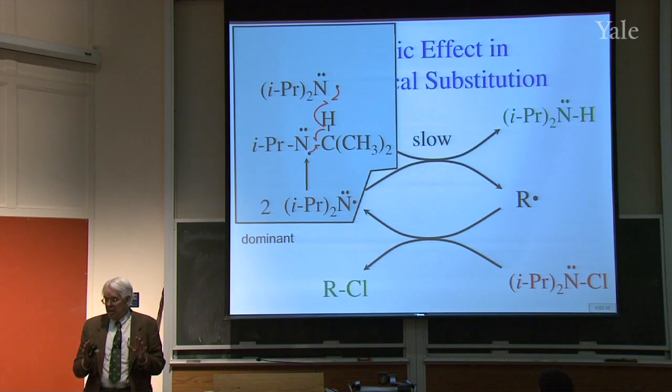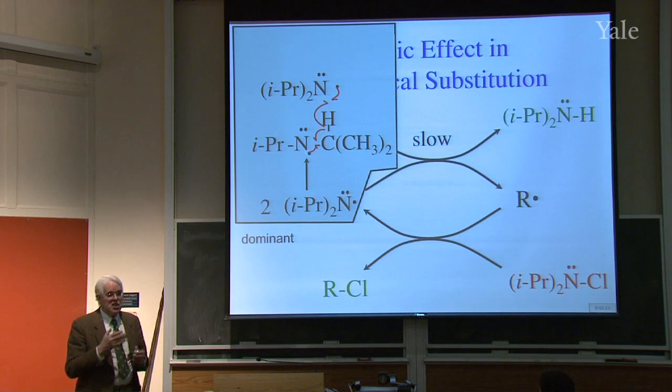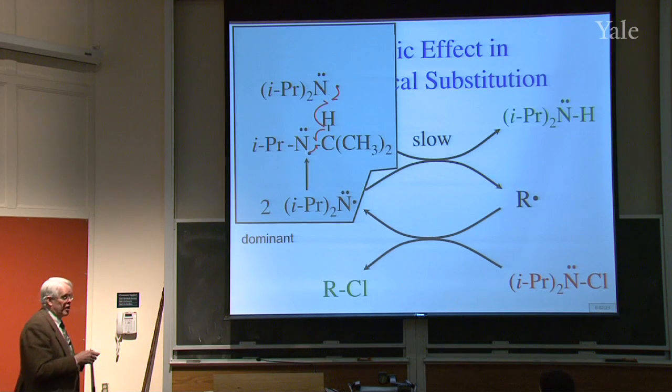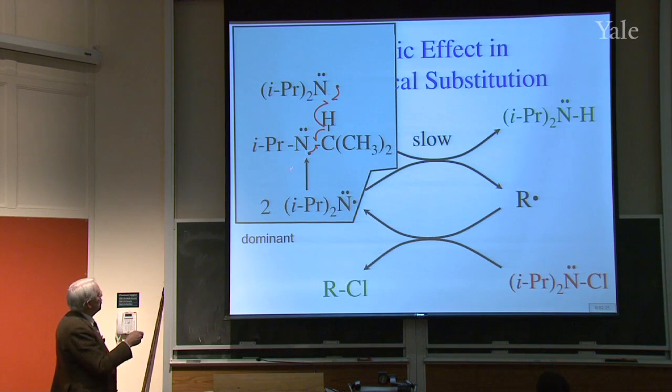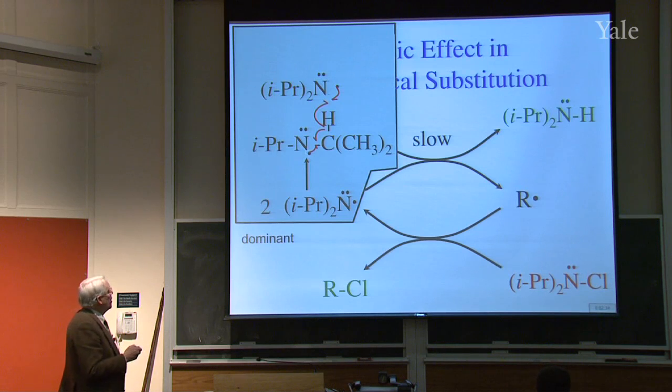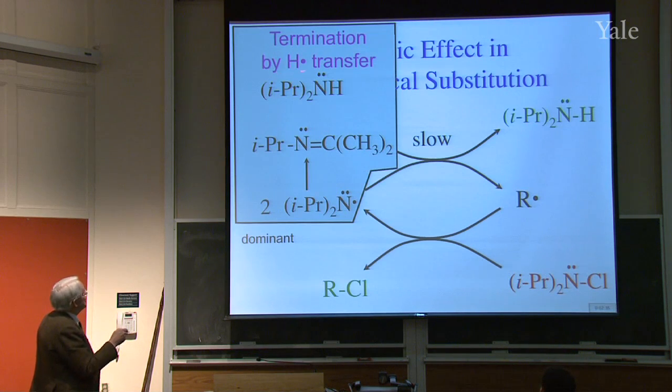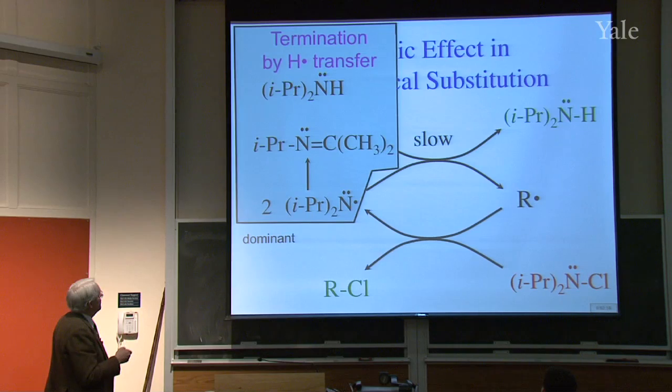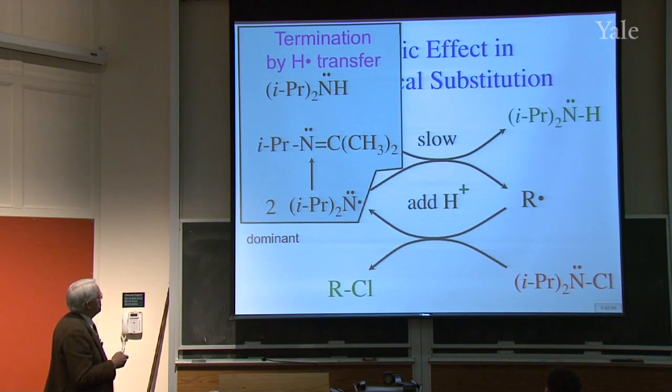That's what's going to kill it, right? So that's slowing the reaction down by destroying machines. So if we can retard this process, then we can speed up the reaction if you don't have termination anymore. Now, this is termination by hydrogen atom transfer. Get rid of the radicals and stop the machine.